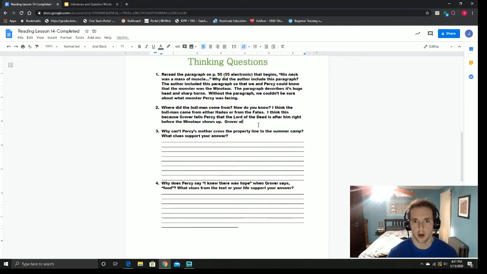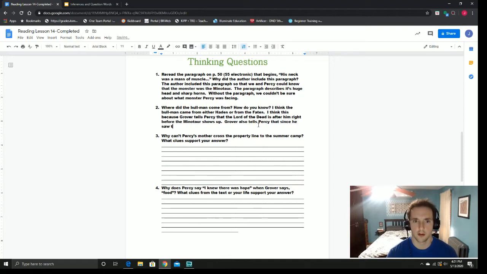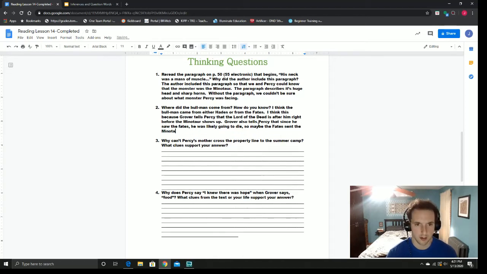Grover also tells Percy that since he saw the Fates, he was likely going to die. So maybe the Fates sent the Minotaur to kill Percy.